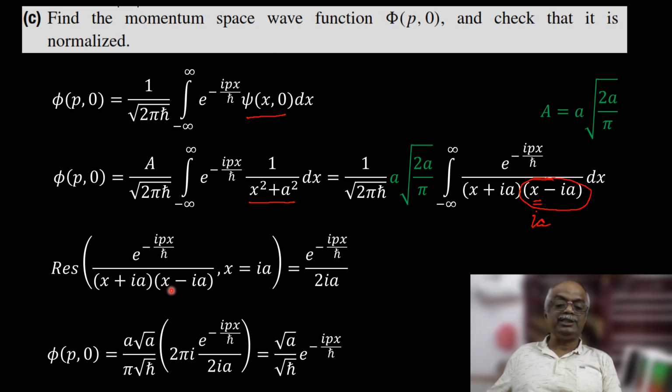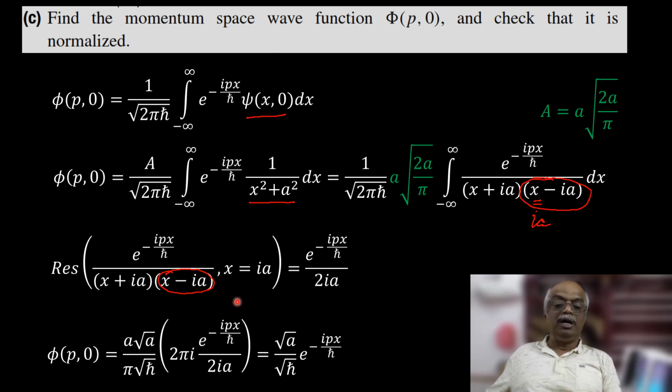You will get the residue when x is equal to ia, so you ignore this term. Then the residue when x is equal to ia is this exponential term, where you replace x by ia. So ia plus ia, you will get 2ia.